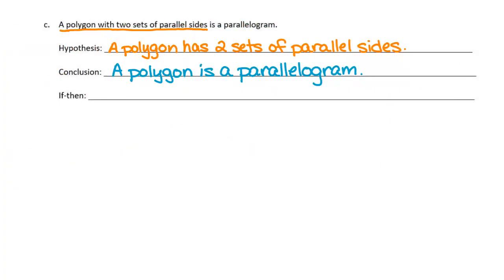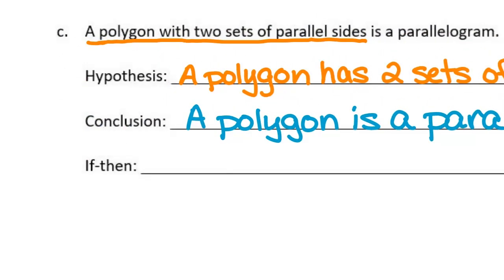So what would my if-then statement be? Parallelogram. Yes. So the only thing that you were missing was the word then, right before you said it is a parallelogram. That's the only thing that you missed. Other than that, that was absolutely perfect. Fantastic work.